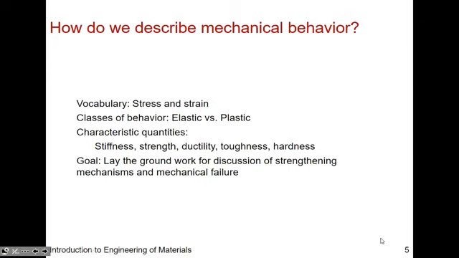You may be familiar with terms such as stiffness, when we talk about a material's modulus, or strength, the yield strength. Where is it going to go from elastic deformation to plastic deformation? We're going to talk about ductility. We're going to talk about toughness, the amount of work or energy that it can absorb. We're talking about hardness, resistance to impact, resistance to penetration.